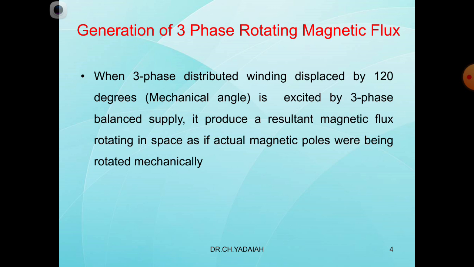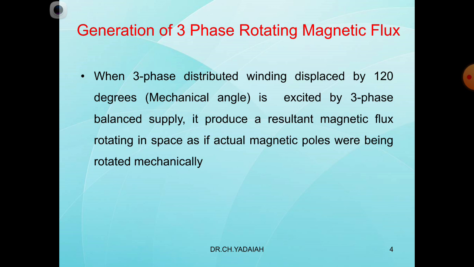Even though three-phase supply is given to the stator and DC supply is given to the rotor, the motor will not start initially. It is not a self-starting motor. Even though two types of energy are given to the machine, it is not self-starting. For that purpose we require another arrangement initially, using an external prime mover. An external motor has to be coupled to our rotor, and by using that motor, our rotor is rotated near the synchronous speed.